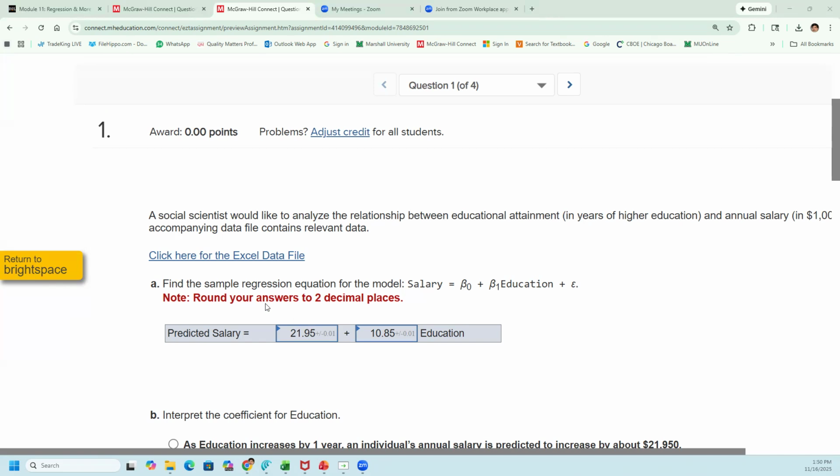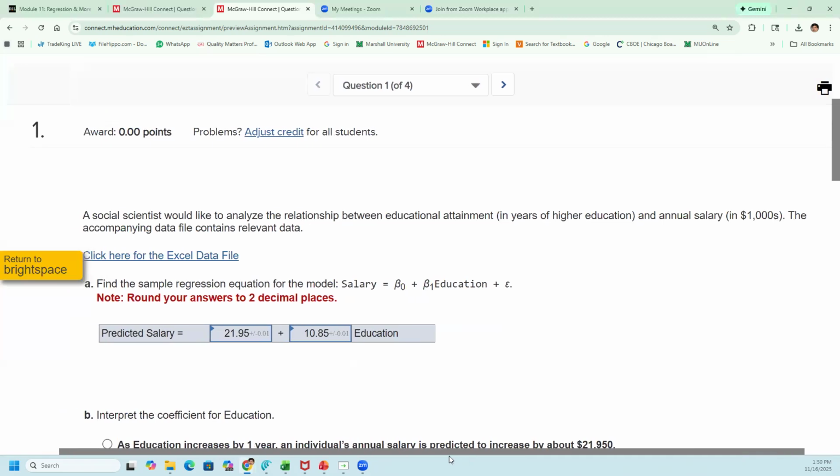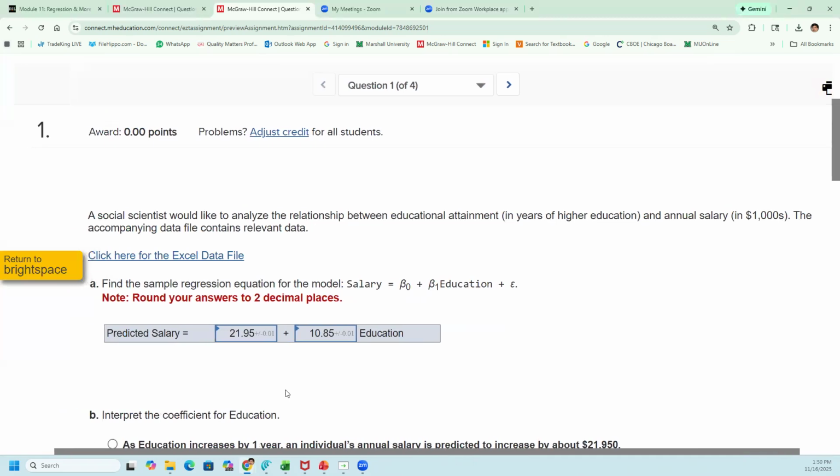Now, to run the regression, we have got the dependent variable, in this case, the salary, and the independent variable, in this case, the number of years of higher education. So a social scientist would like to analyze the relationship between educational attainment in years of higher education and annual salary in thousands.